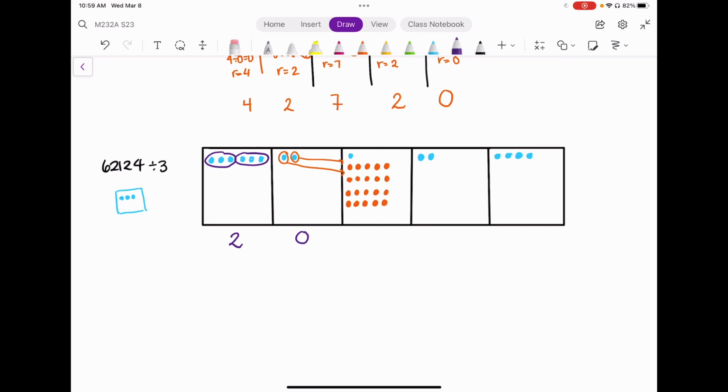Now I can see how many groups of 3 I get here. I have 1, 2, 3, 4, 5, 6, 7.